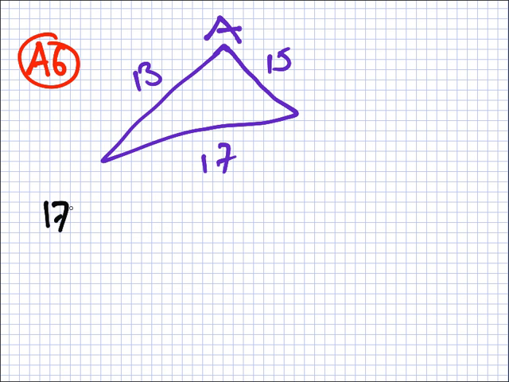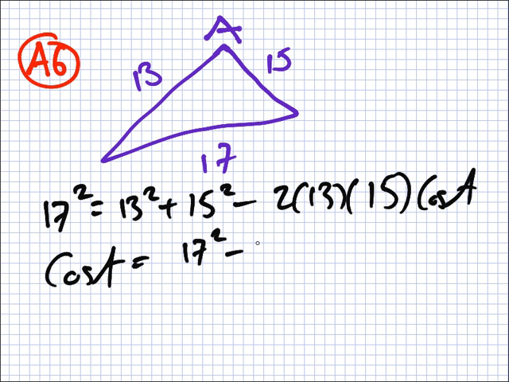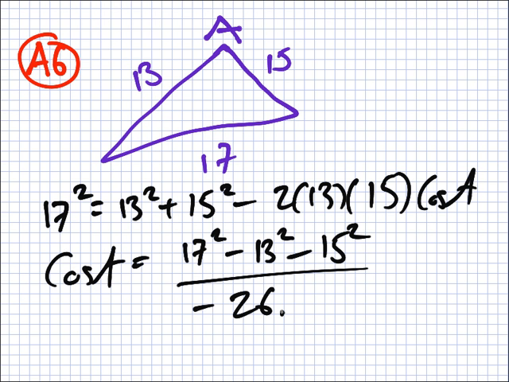Yes: 17 squared equals 13 squared plus 15 squared minus twice 13, 15 cos A. So cos A was going to be 17 squared minus 13 squared minus 15 squared over minus 26 times 15. I just put the 2 in already.